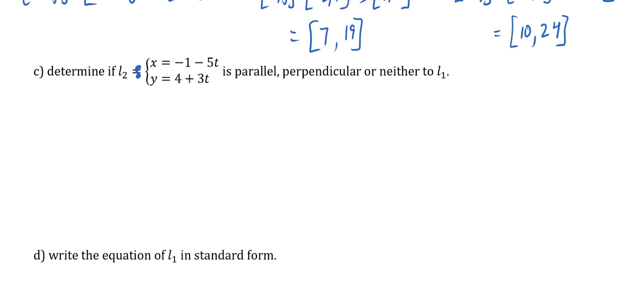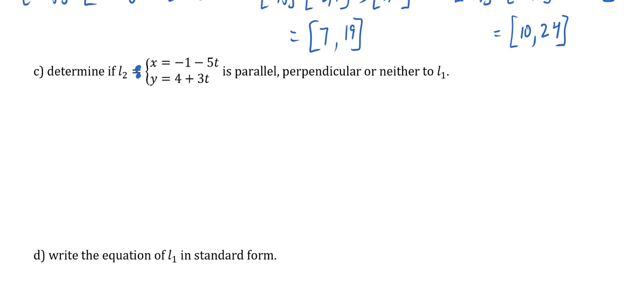Determine if this line is parallel, perpendicular, or neither. How are we going to do that? What part of the equation has to do with its slope? This is the direction vector, right?